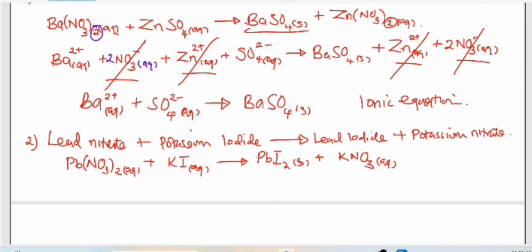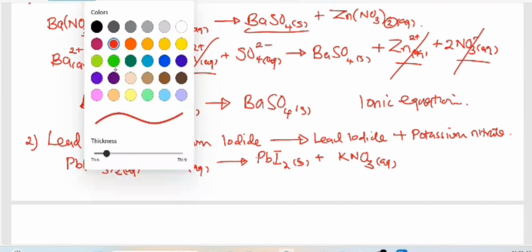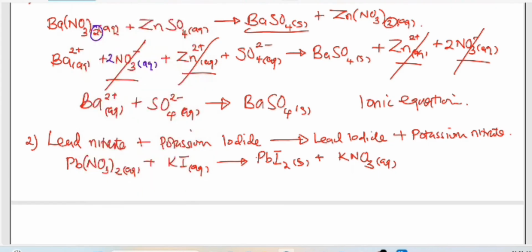So if you look at this equation, it is not balanced. So now you can see we are having 2 iodides here, we have 1 here. So if you place 2 here and add 2 here, then the equation becomes fully balanced. Therefore, we can now skip the second step.